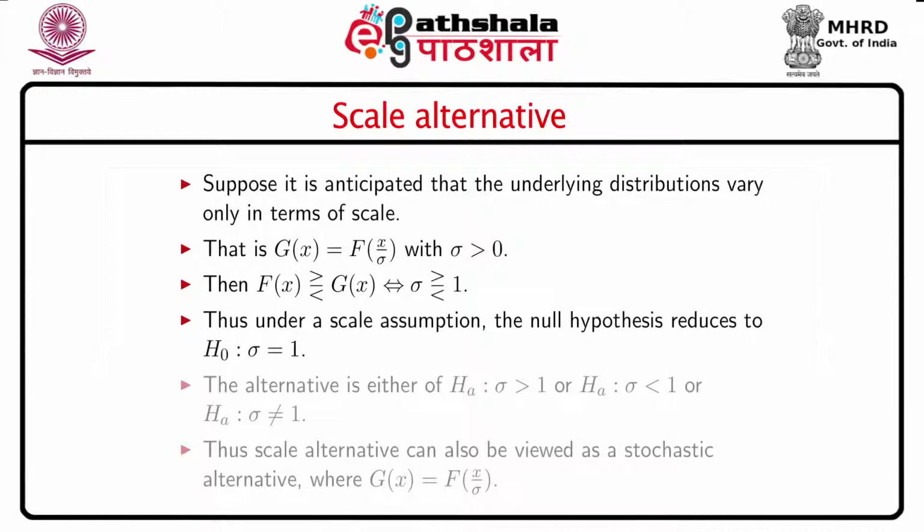Thus, the null hypothesis reduces to sigma equal to 1. The alternative is either sigma greater than 1, or sigma less than 1, or sigma not equal to 1. Thus, the scale alternative can also be viewed as a stochastic alternative where G(x) equal to F(x by sigma).